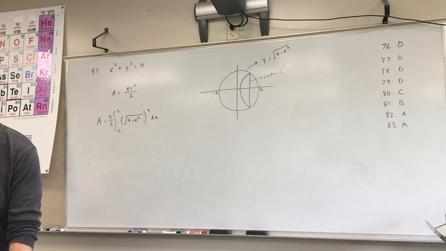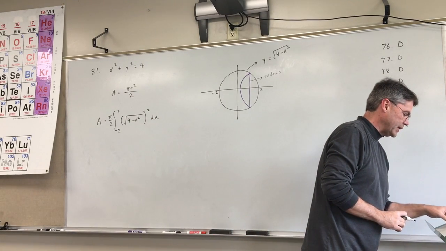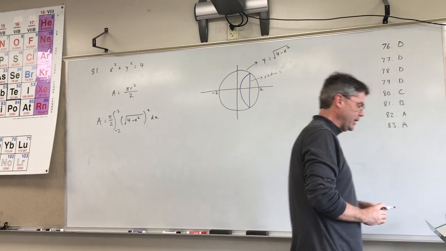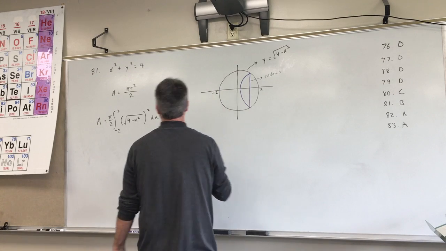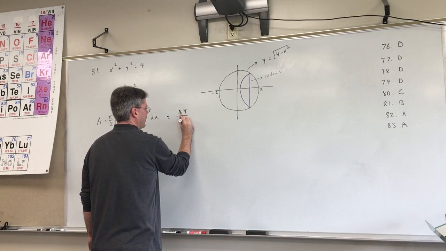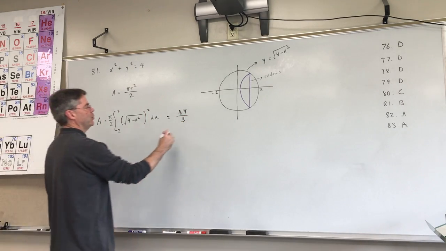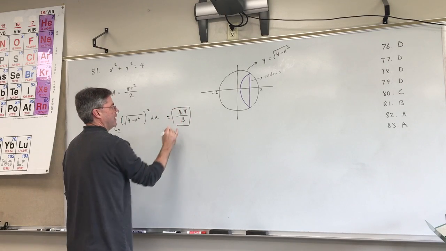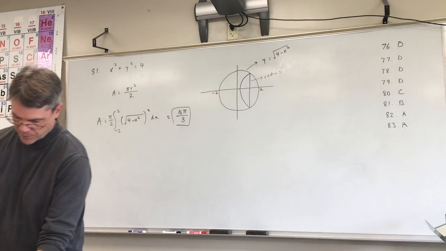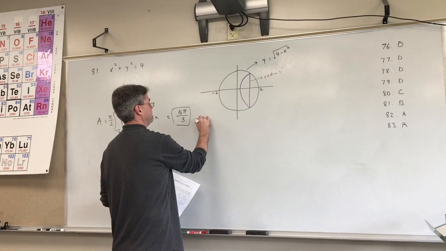If you throw that into the old calculator, you should get 16 pi over 3. So give that a try. Email me, text me, whatever, if you didn't get that and you want a FaceTime. But that is answer B.